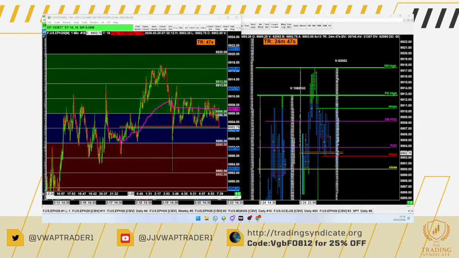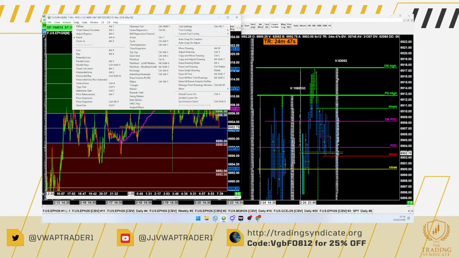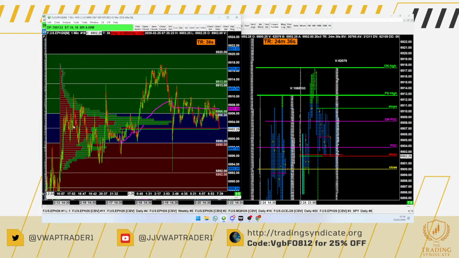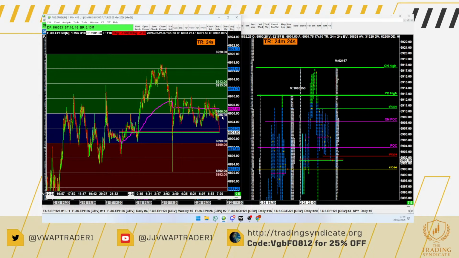So if I went and drew a volume profile, you'll see that the cost basis is here. See that? No problem. Just want to make sure that you understand. So the balance zone is a cost basis.